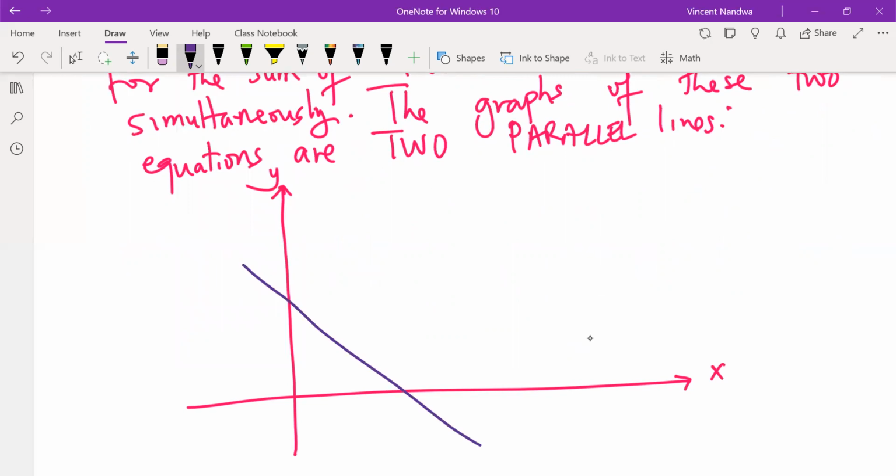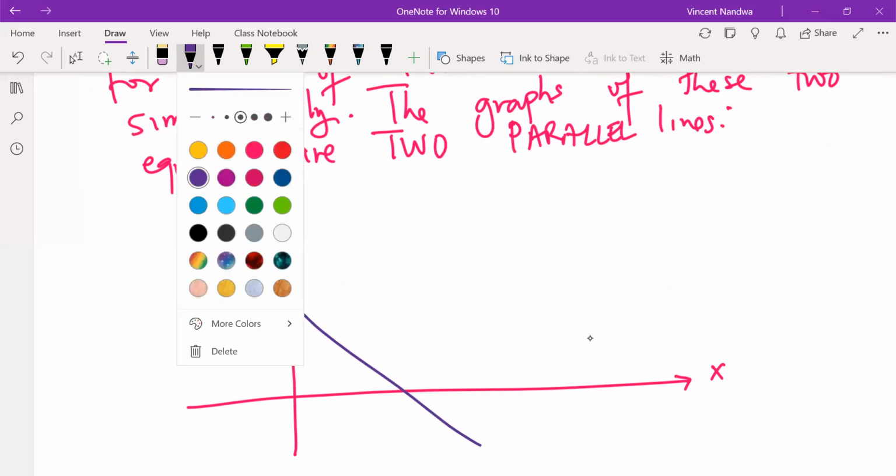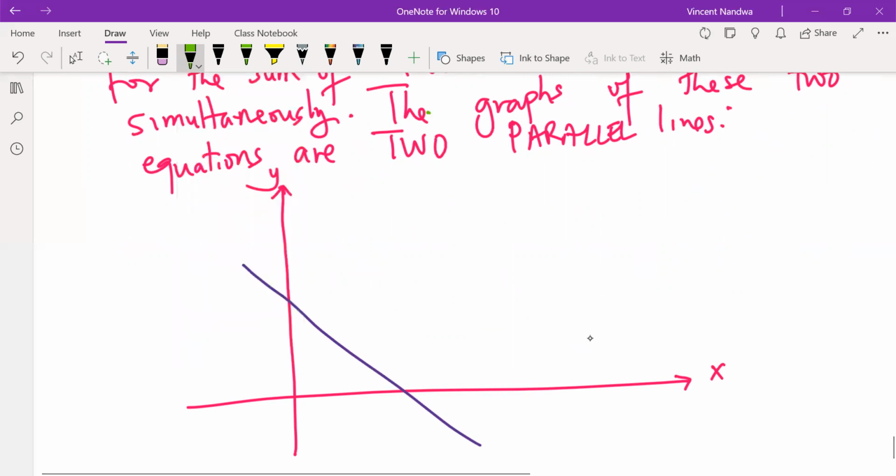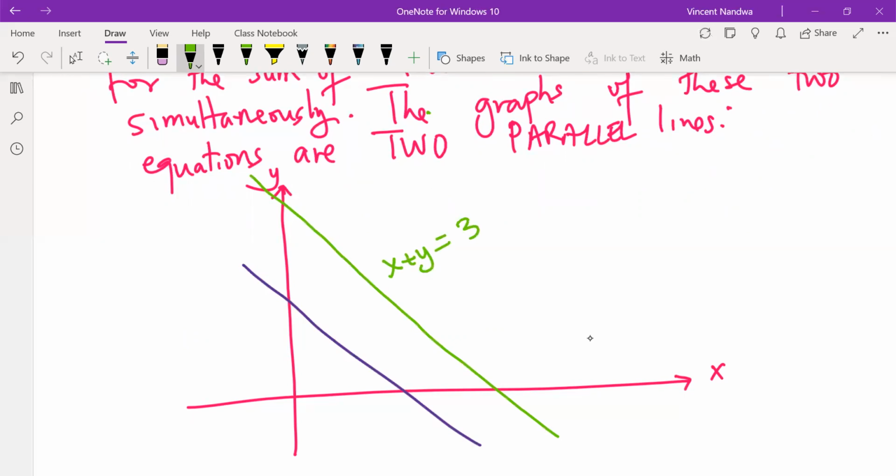This line is x plus y equals 3, and this is x plus y equals 1.